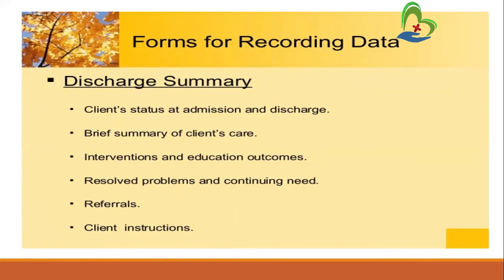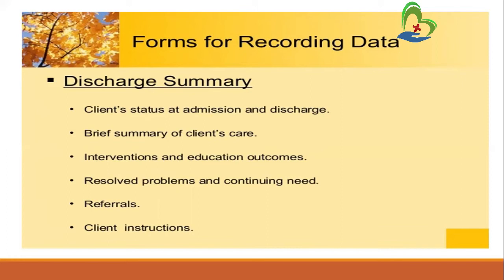Okay, so how we provided quality care to the patient, then the educational outcome, meaning awareness that came to the patient, resolved problems and continuity needs. Okay, so we listen to the problems of the patient, make the best try for the treatment and the best try for the outcome, and resolve the problems of the particular patient, any referrals and client's instructions.